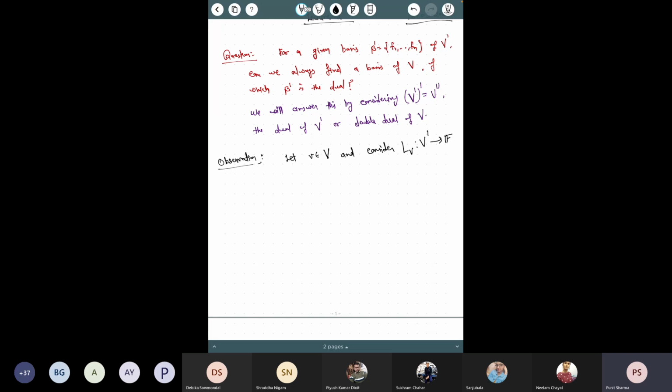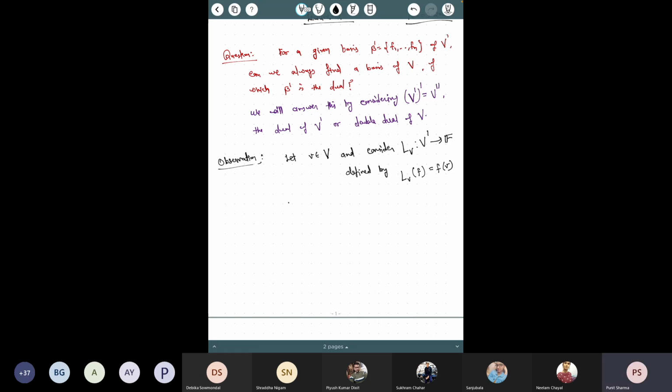Right? So what is V double dash? V double dash is the dual of V dash. That means it is a collection of all linear functionals on V dash. So consider this, which is defined as follows. I'm defining this map depending on this vector V, so you can see L subscript V. How am I defining this? I'll take any linear functional, any element f in V dash, and I will send it to f of V.